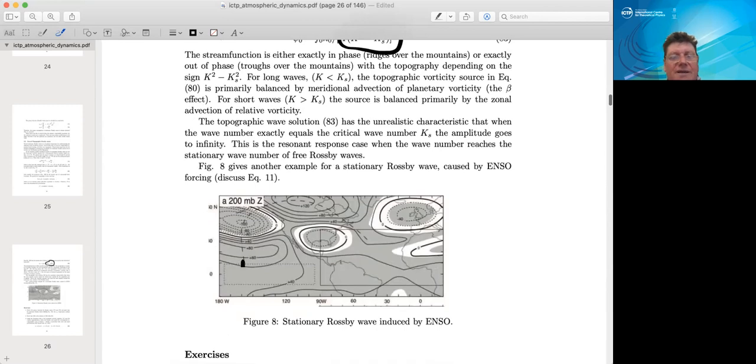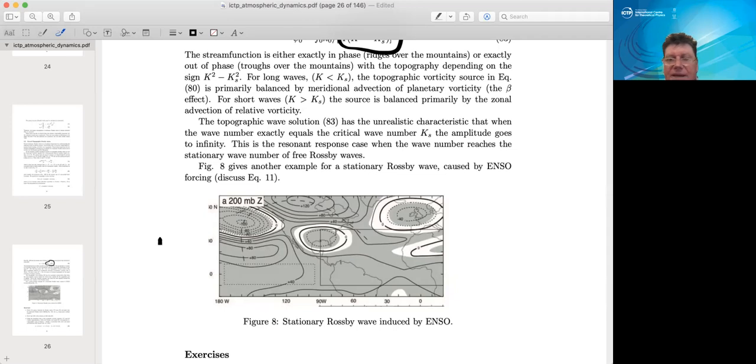What we see here is something that we will discuss at much more length later on in this course. I just want to highlight that there can be other sources of forced Rossby waves. One very important way to force Rossby waves is the mountains. Another important source could be tropical heating.